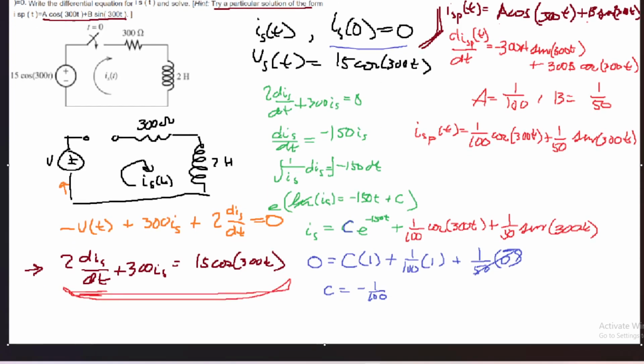Finally, we can write our actual Is equation.